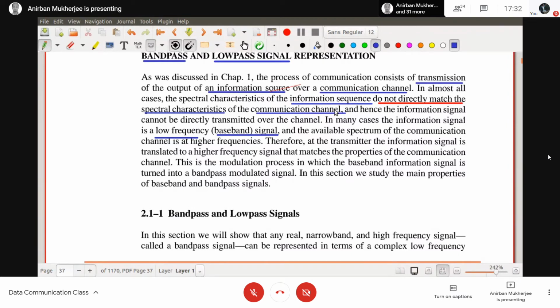Speech is generally, though you know that the human ear can listen from 20 Hz to 20 kilohertz, but if you see the spectrum or frequency response of human speech, and plot the mod of this S(f) versus f, you find that it is something like this, say this is 3 kilohertz.